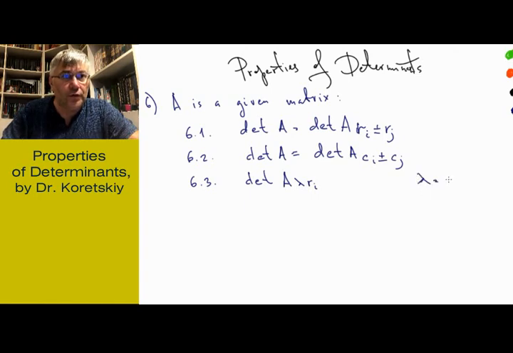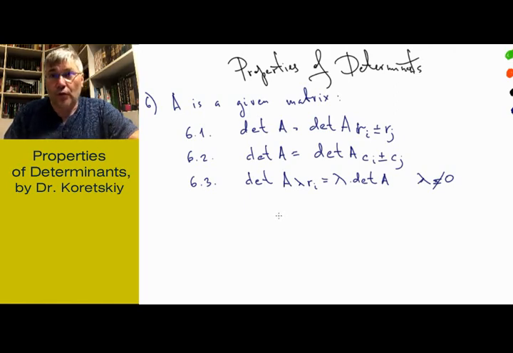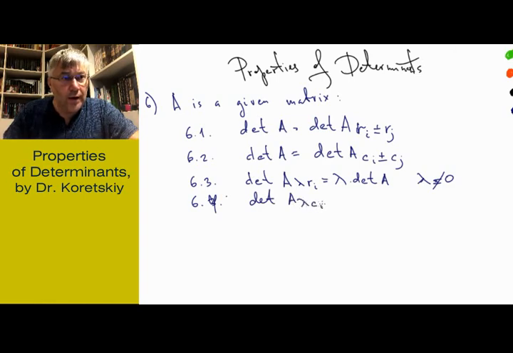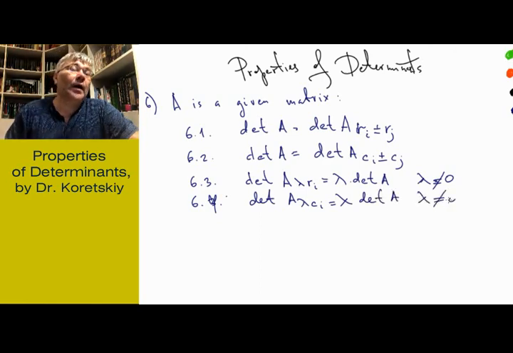It's a number, but not 0. The determinant of such a matrix equals lambda times the determinant of matrix A, and this rule works for columns as well. So you can multiply by lambda either a row or a column. Here, the determinant of A with lambda times column I equals lambda times the determinant of A. Lambda is still a non-zero element.